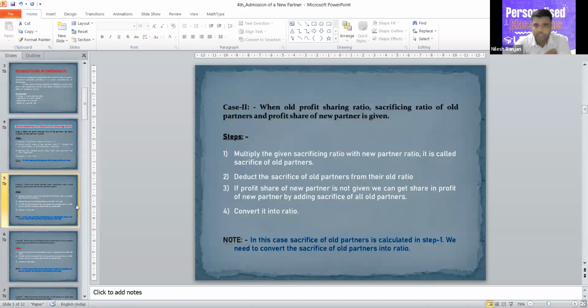There is one more piece of information in this case, the sacrificing ratio of old partners. So they are not sacrificing in their old ratio. In the previous question, their sacrificing ratio was the same as the old ratio, meaning they sacrificed their profit share for the new partner in their old profit sharing ratio. But in this case, their sacrificing ratio will be given. So what do we have to do?